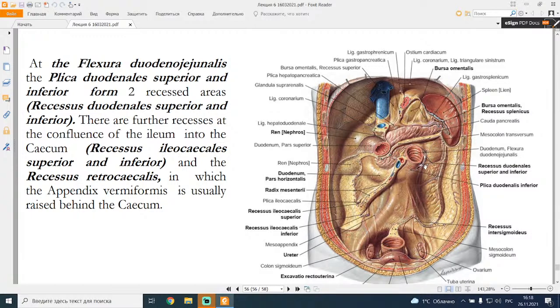There are a few recesses at the confluence of the ileum into the cecum: recessus iliocecalis superior and recessus iliocecalis inferior, in which the appendix vermiformis is usually raised behind the cecum.